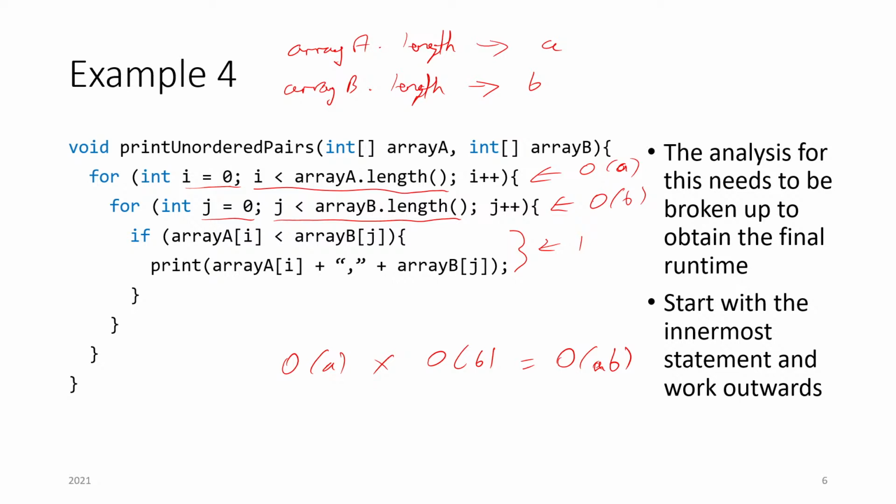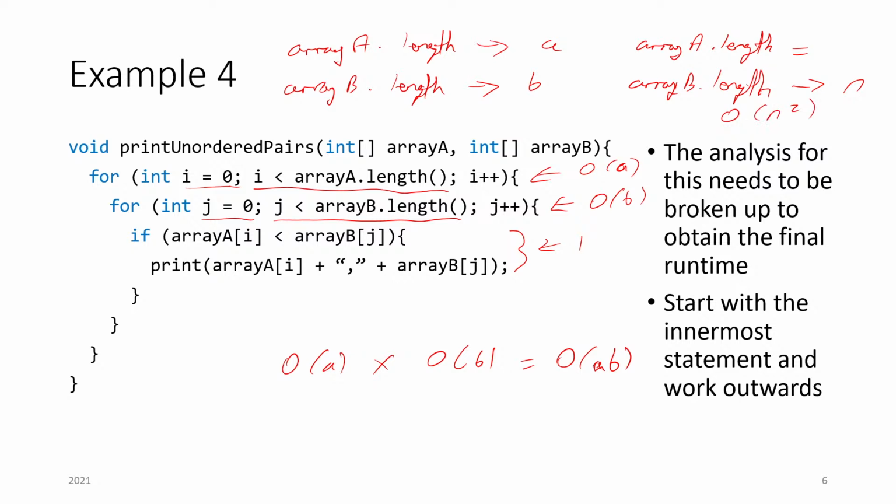This holds true because we did not have an explicit relationship between array A and array B and what their lengths are going to be. Let's say, for instance, that we knew array A's length was equal to array B's length. In that case, because both of them have the same length, we can assign them to one singular variable, in this case n, and it would be O of n squared.